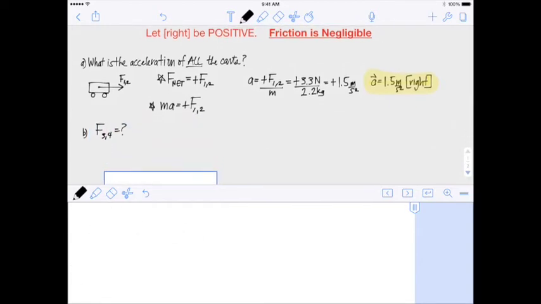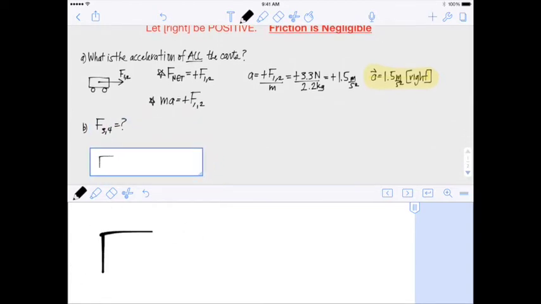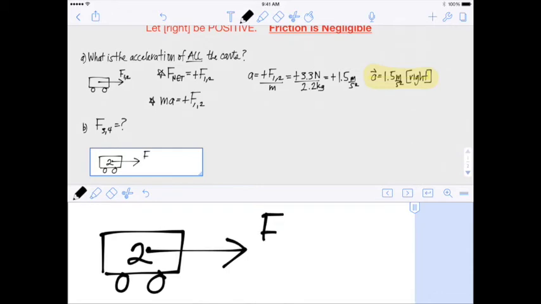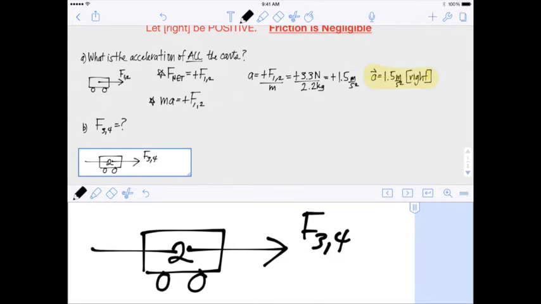In order to do so, I'm going to look at cart number 2. So we draw a free body diagram of cart number 2. We know that cart number 2 is being pulled forward by the force as read on sensors 3 and 4, and is being pulled back by the force of tension as read by sensors 1 and 2.